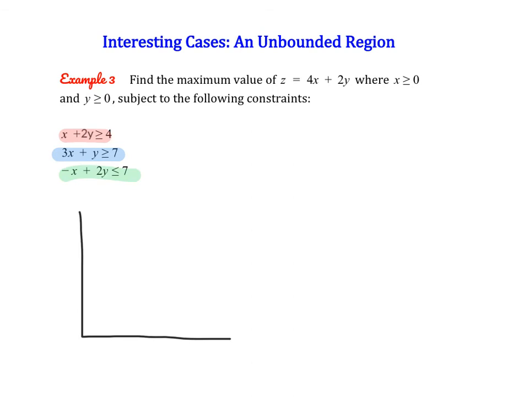Okay, so for our red function, when y is 0, x is 4, and when x is 0, y is 2. For our blue function, when x is 0, y is 7.